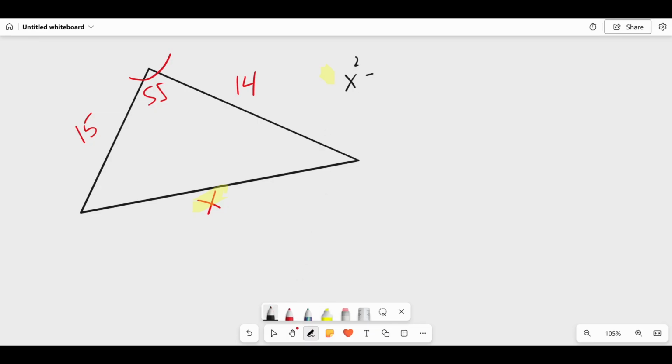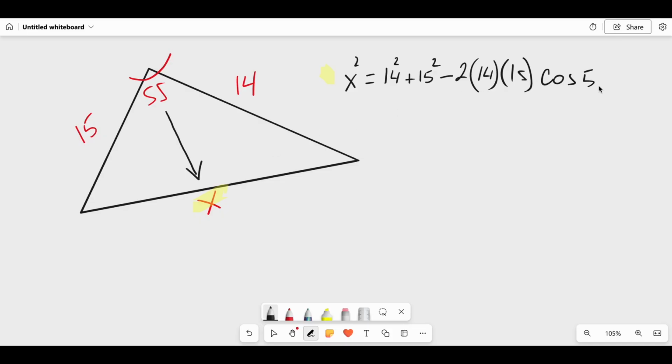x to the power of 2 is equal to 14 to the power of 2 plus 15 to the power of 2 minus 2 times 14 times 15 times cosine of the angle that is opposite to the side that we're looking for, right? So cosine of 55.